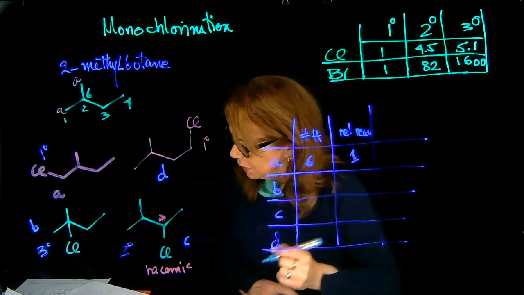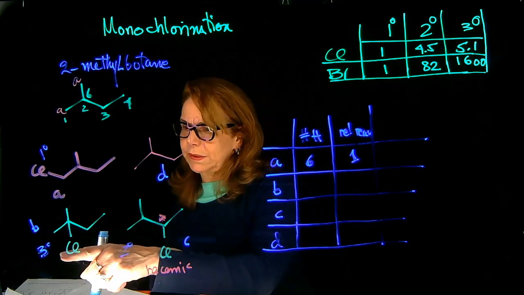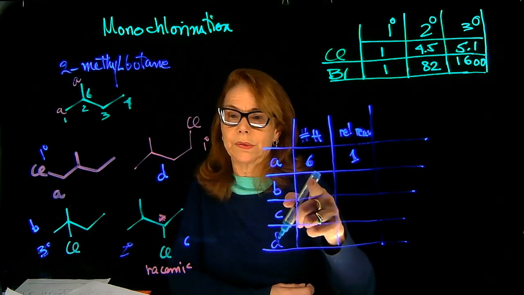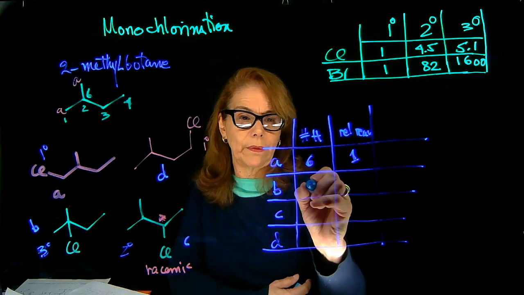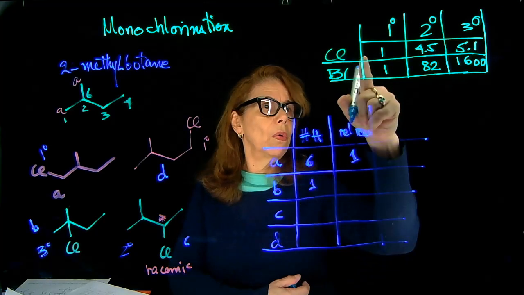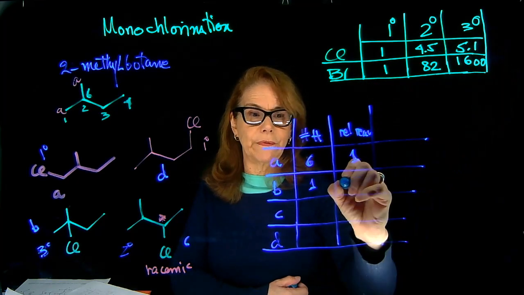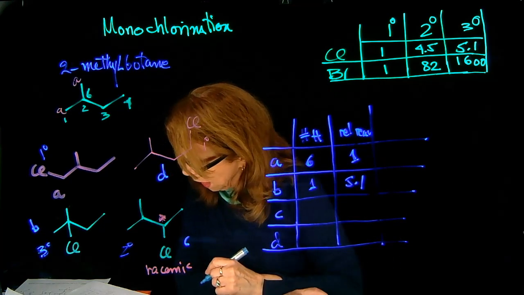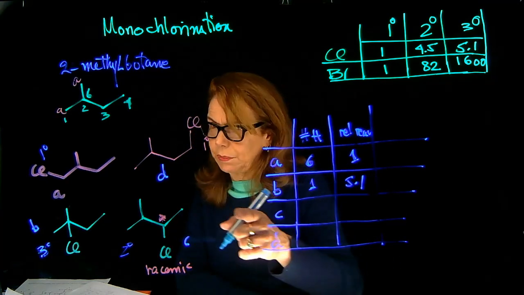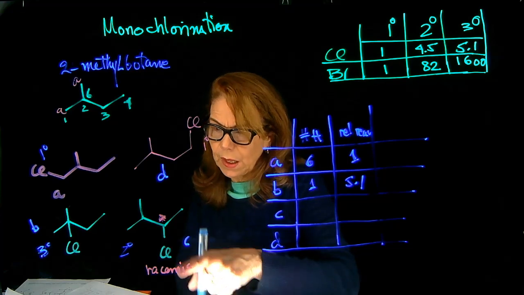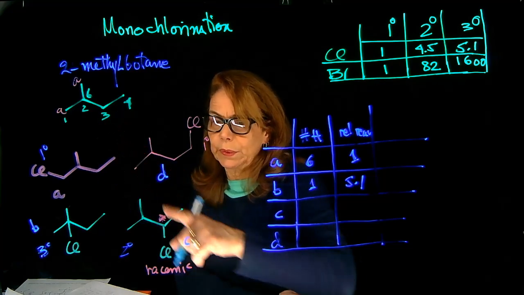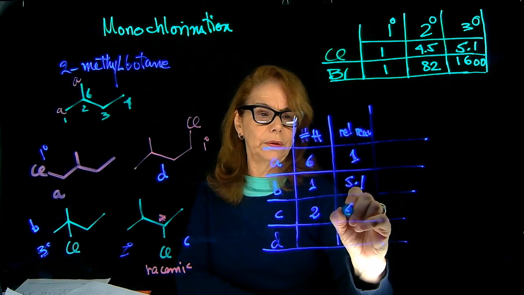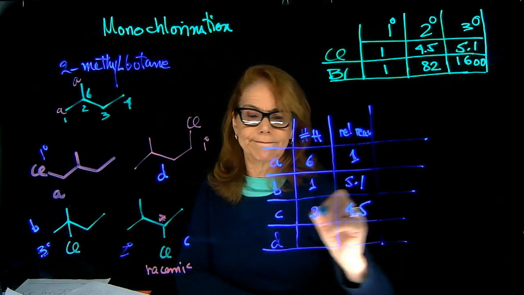Now product type B is tertiary, and how many do I have? I have only 1. What is the reactivity of the tertiary? 5.1. Now I have product type C. How many equivalent H's do I have there? I have 2. Reactivity for those is 4.5.